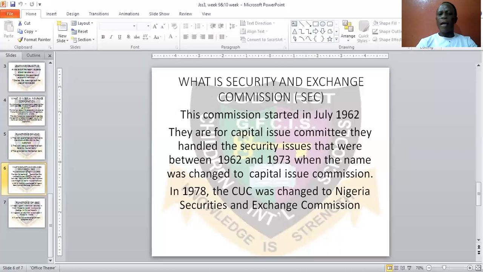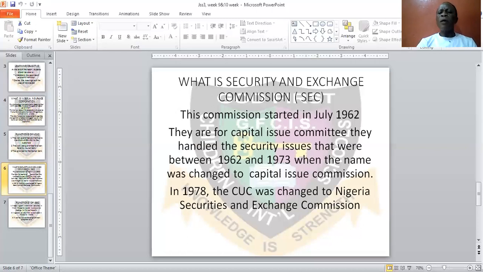Now, the Commission started, as I have already explained, in 1962 as the Capital Issue Committee. They handled the security issues between 1962 and 1973, while the name was changed to Capital Issue Commission. In 1978, the CIC, sorry for that error, was changed to Nigeria Security Exchange Commission.